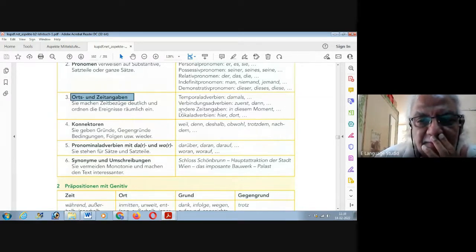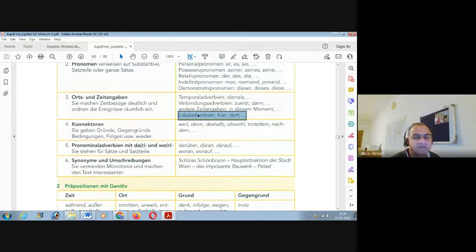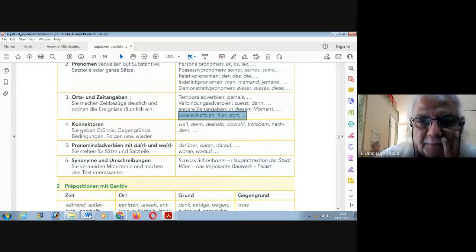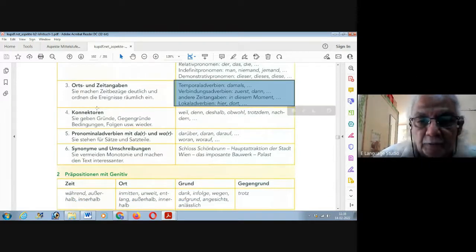Hier, dort. Ja, so das sind Ortsangaben und Zeitangaben. Beide sind hier in einem Kasten zusammengeschrieben. Und natürlich Konnektoren brauchen wir auch. Ja, genau.